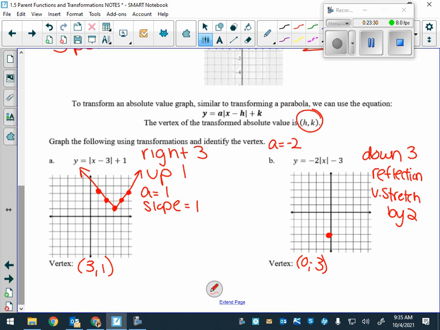So if my A value is -2, my slope must be what? -2. So from our new vertex, I'm going down 2 to the right, down 2 to the left. And that's all I could see from this graph. But it continues. So, if the slope is negative, that means that it goes down. Yep, it means it opens down. Okay?